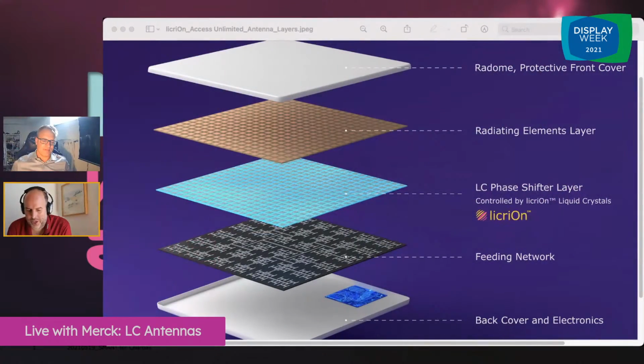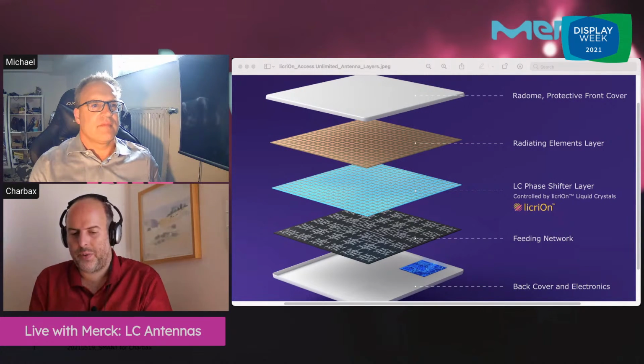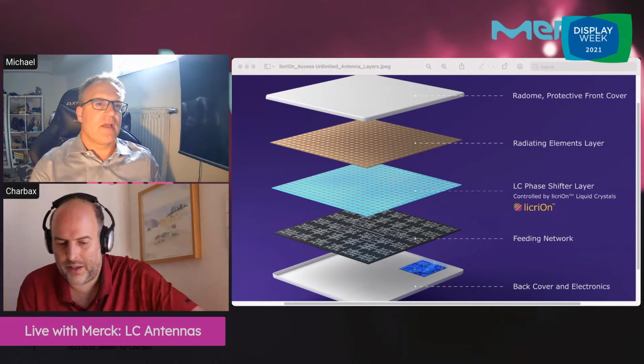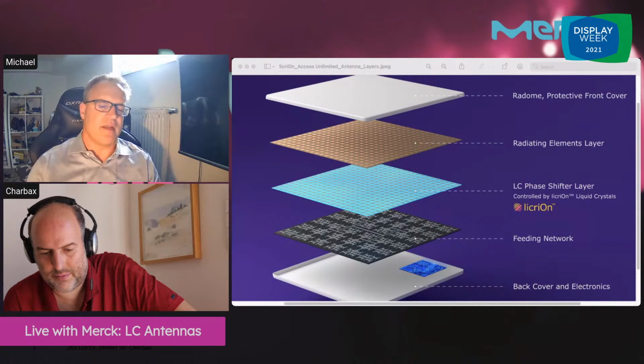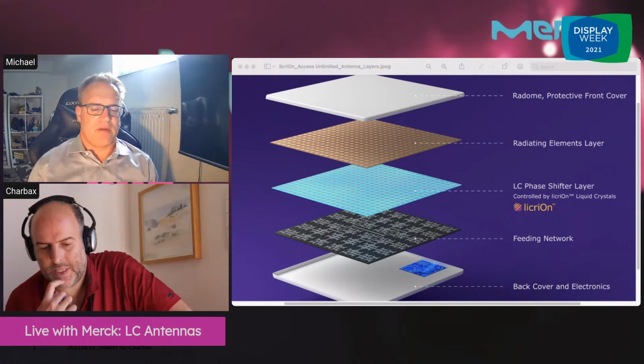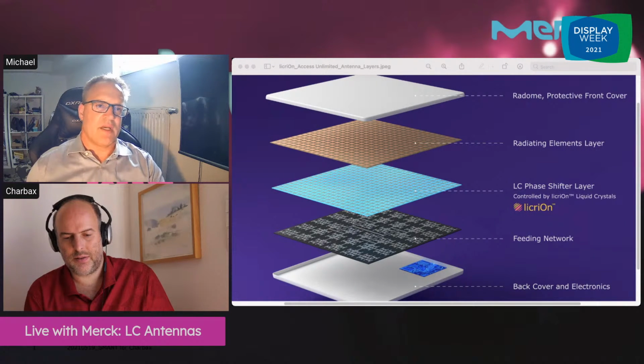And also you can have any shape you want. It doesn't have to be rectangular or square. It could be round or anything. Yeah. What you can do is you can tile these elements together, so you can have certain tiles and do that.